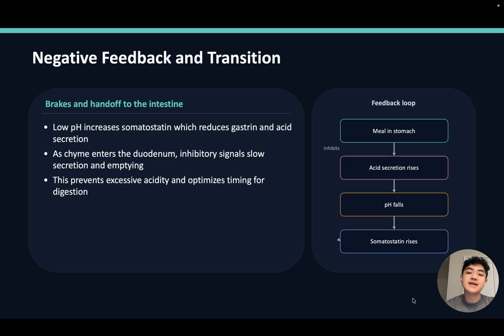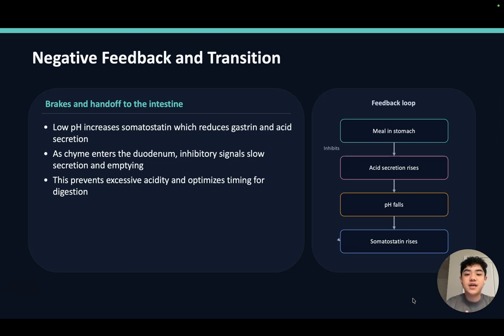The second is feedback from the duodenum, which is a part of the small intestine. When chyme enters the small intestine, the duodenum monitors it. If chyme is too acidic or contains significant fat, inhibitory signals are sent back to the stomach.